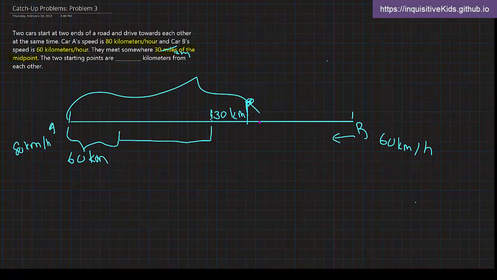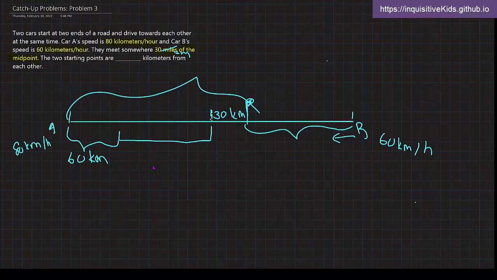And I know that the part that car B drove was 30 kilometers less. So this is another important part right here. Why is it 60? Because it's two 30s put together, which is 60 kilometers.